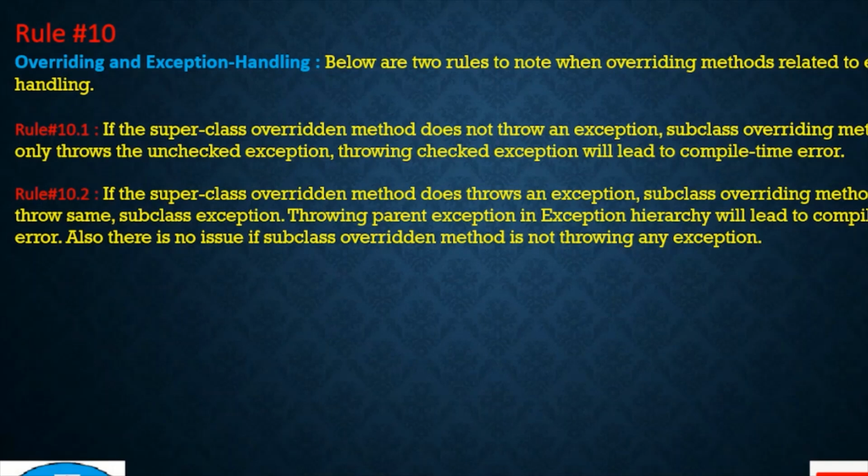So by this I have completed all the OOPS concepts, starting from class, object, abstraction, encapsulation, inheritance, polymorphism. All the concepts I have covered as part of OOPS. I think everybody understood the concepts of OOPS in detail.